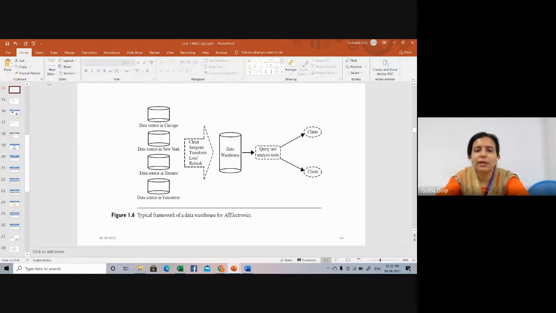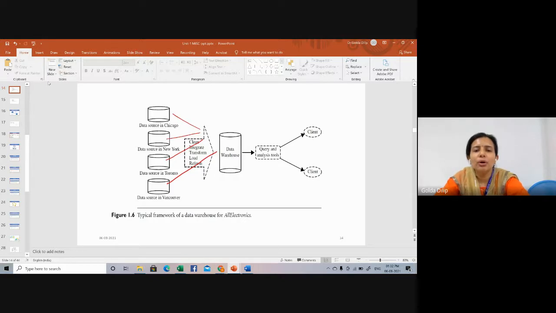The data coming into your data warehouse is coming from heterogeneous data sources. One data source can be in Chicago, another in New York, another in Toronto, another in Vancouver. There are many chances for data inconsistency and all the issues we discussed in the data cleaning part to pop up.